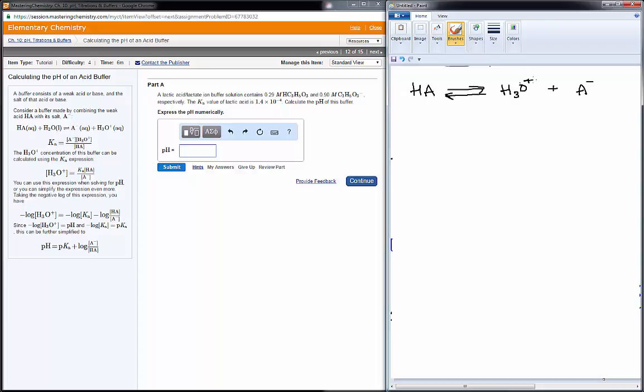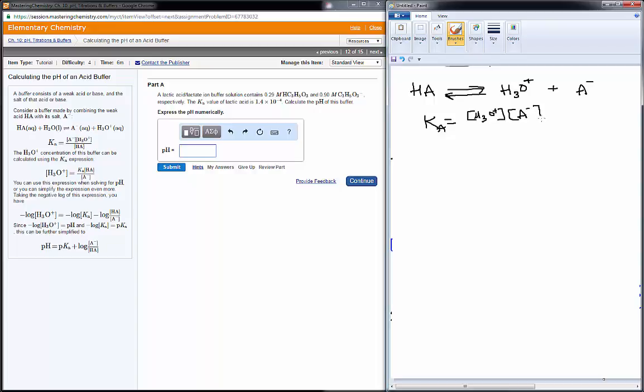This occurs in water, but water is a solvent. It's not part of the solution necessarily. And so this is what's available for the K equation. This is just our normal equilibrium equation, which is products divided by reactants. We're going to make it fancy and call it K sub A because it's an acid dissociation constant.